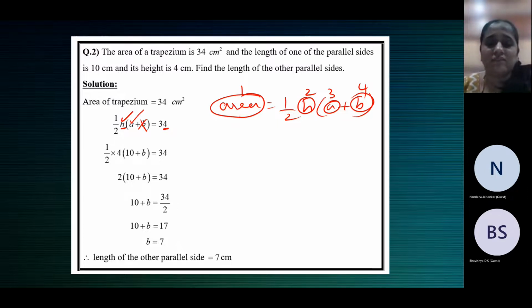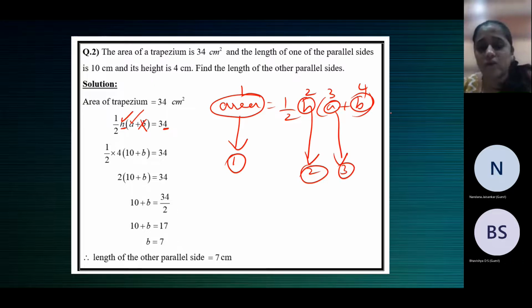So here we are given the value of area, 1. Then we are given the value of h, 2. We are given the value of a, 3. So of the 4 values, we know 3, and you can easily find b.